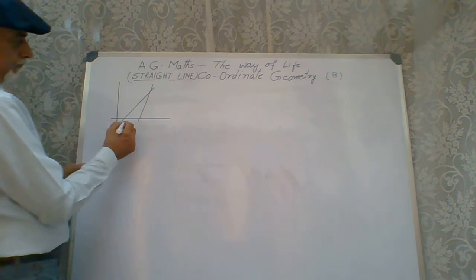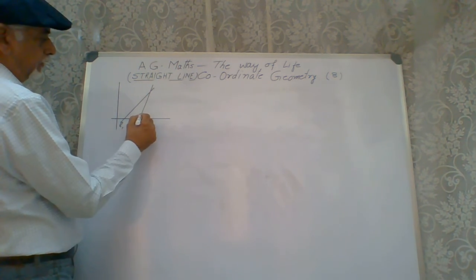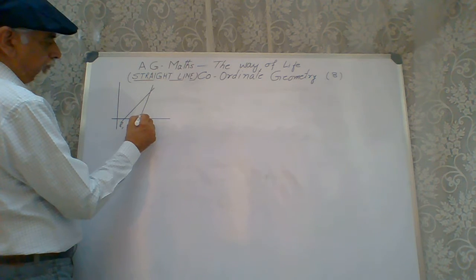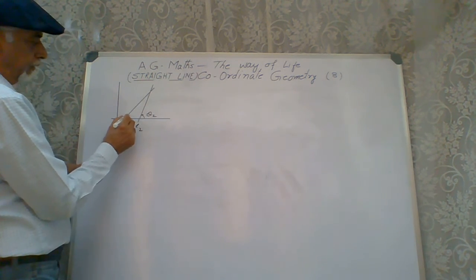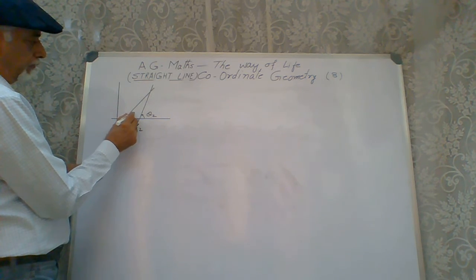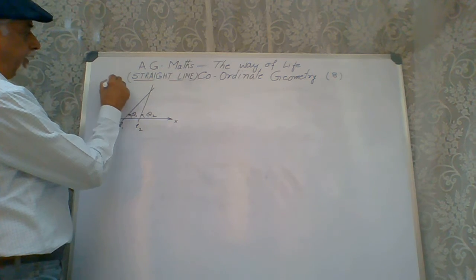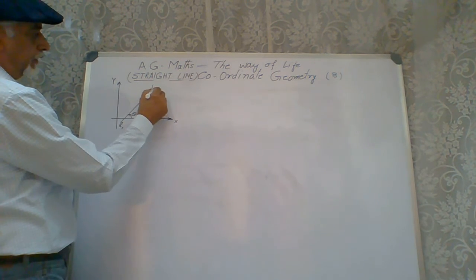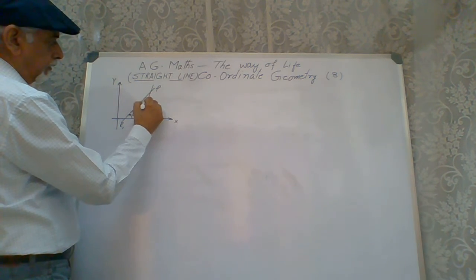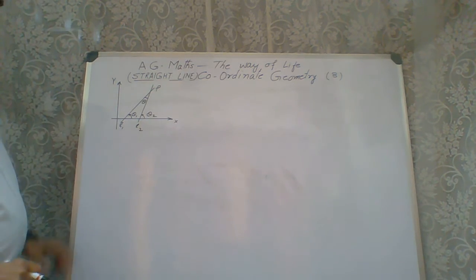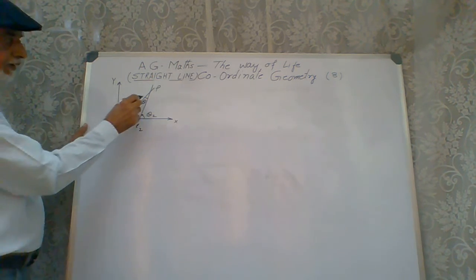Suppose L1 is this, L2 is this. The slope angle of the L2 line is theta 2 and of the L1 line is theta 1. Here they are intersecting at point P, and the angle here is suppose theta. So two lines are intersecting at a point P, making an angle theta.